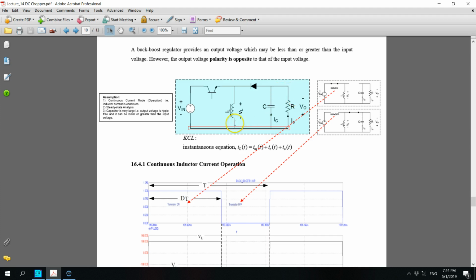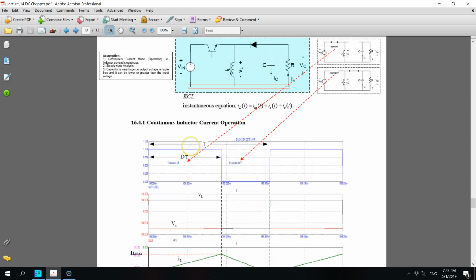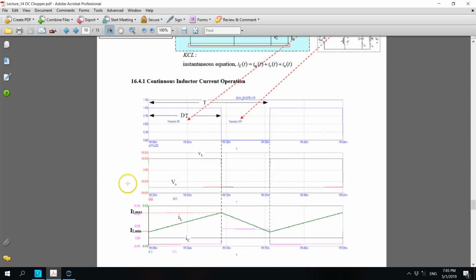So let's look at what happens during turn on. During turn on, applying Kirchhoff's voltage law, KVL, across this loop, we have minus Vin plus VL equals 0, and therefore there will be a positive Vin impressed across the inductor, causing the current to linearly rise from IL min to IL max.